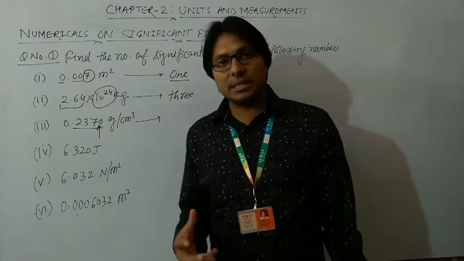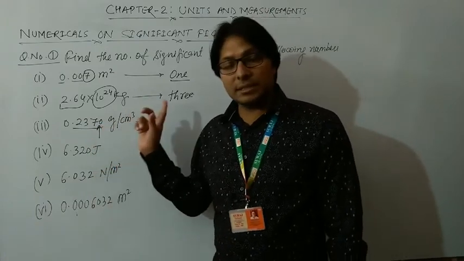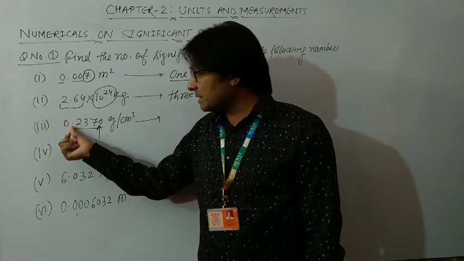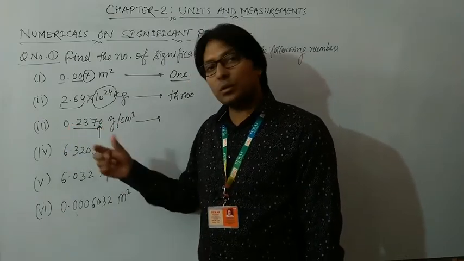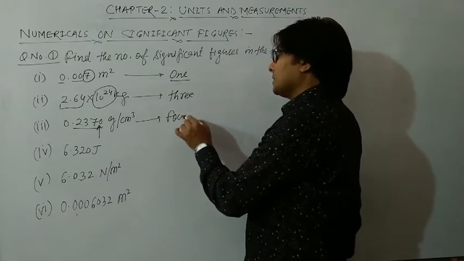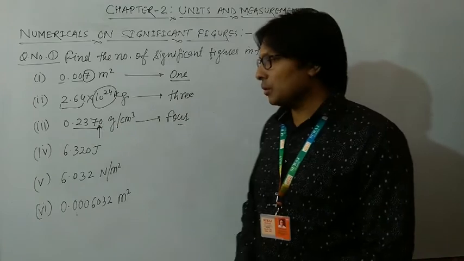If the number does not have any decimal point, then the trailing zeros are not significant, but this number has a decimal point, therefore this trailing 0 becomes significant. So there will be 4 significant digits including this trailing 0 also.